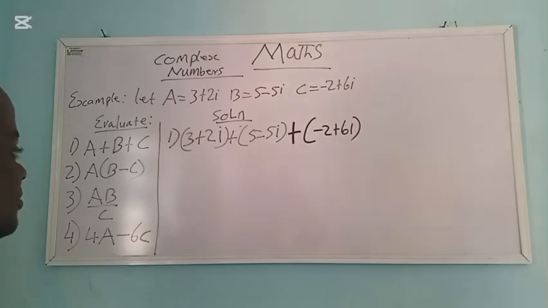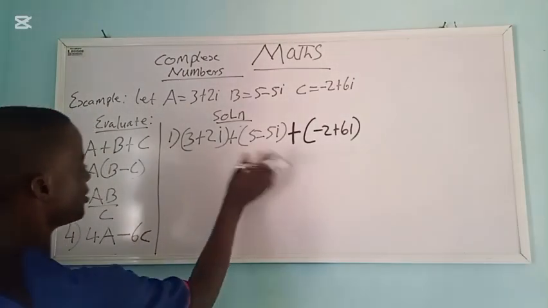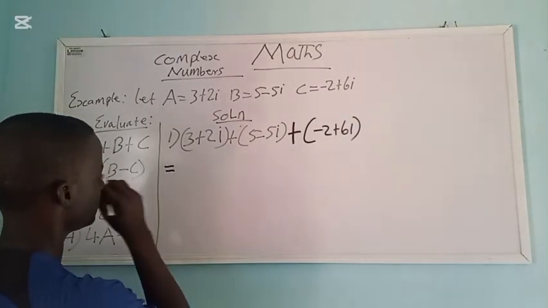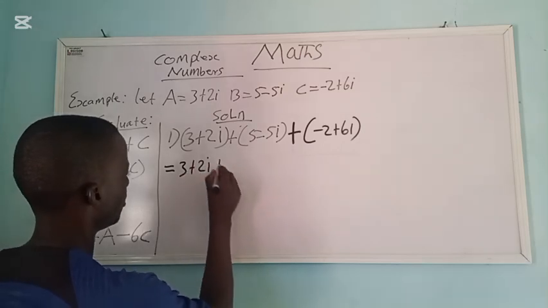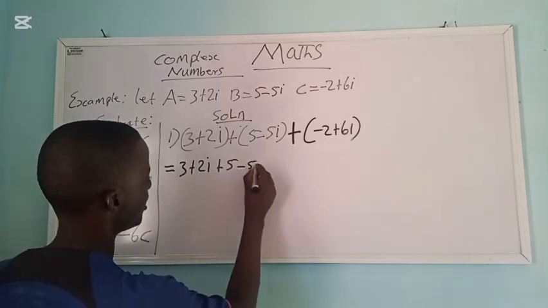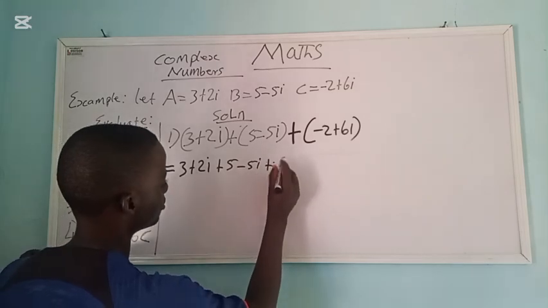So now we said we'll now add it. So it's equals to 3 plus 2i plus 5 minus 5i plus minus 2 plus 6i.